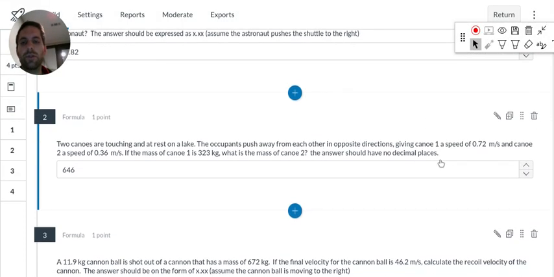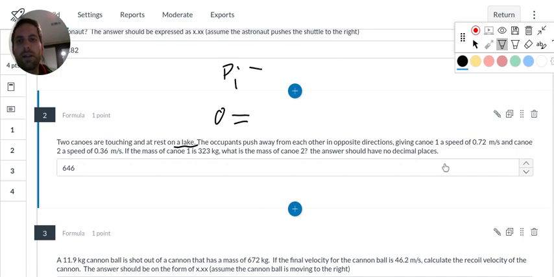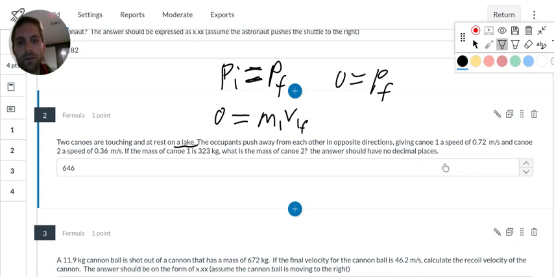Alright, so for the second one, same type of problem. 2 canoes touching at rest on the lake. So we know the initial part's going to be 0. 0 equals, now we want to know the final part. Still using that same idea. If the initial is going to be 0, the final is going to be 0. So now, if they're going in opposite directions, we can just add our equation, like so.